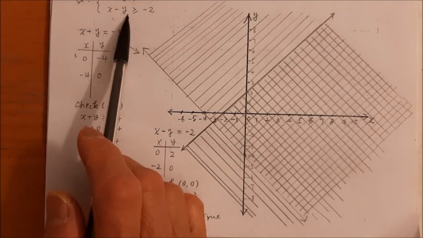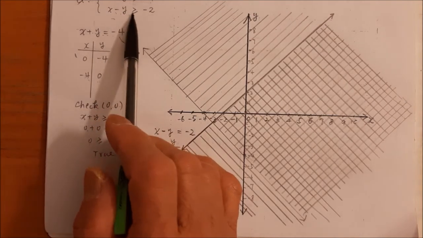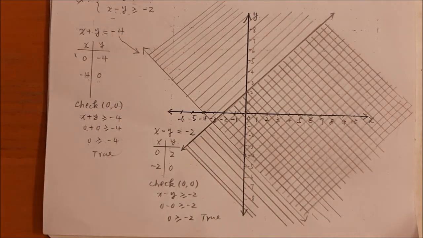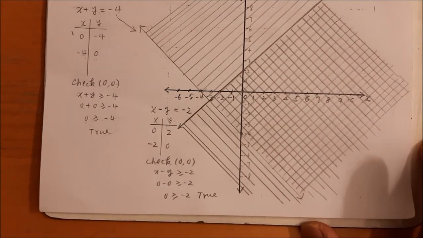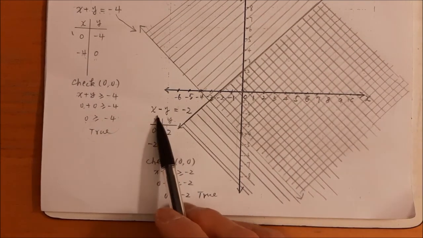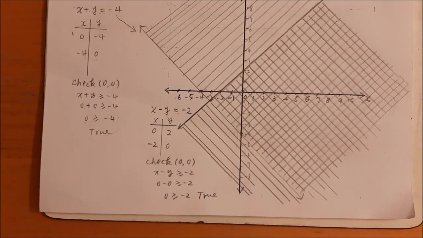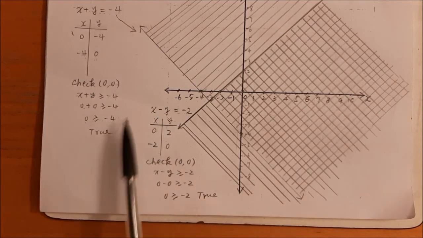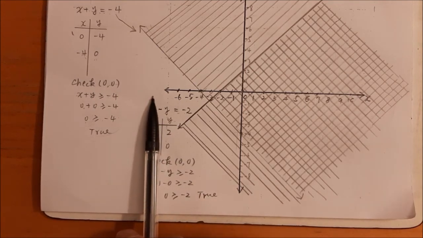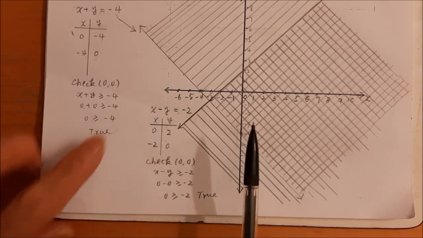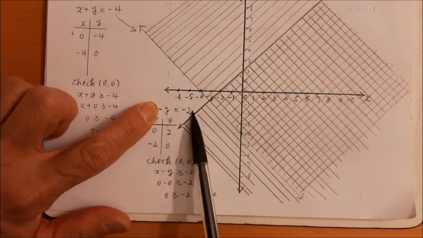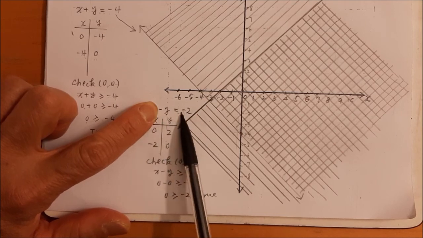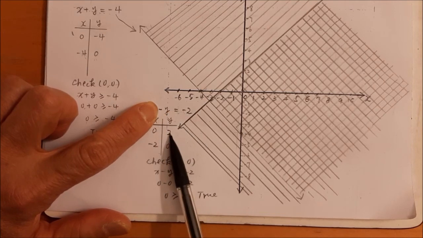The second inequality is x minus y greater than or equal to -2. First of all, we draw the line x minus y equals -2. Let x equal 0. The quick way is just to cover the x term, so you get -y equals -2, times -1, so y equals 2.